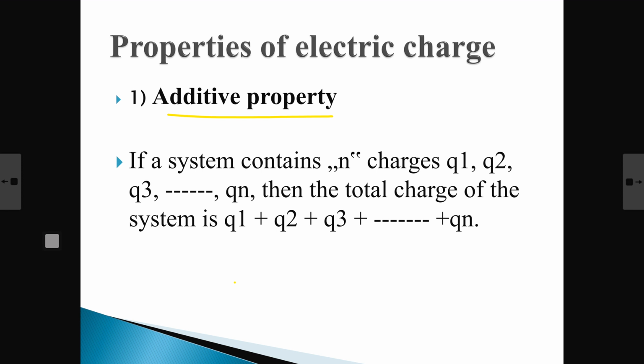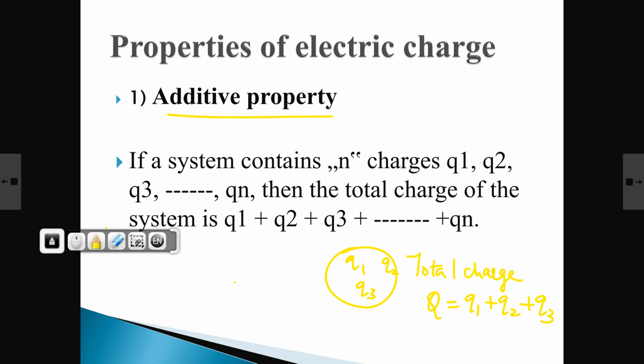For example, if a system contains three charges, Q1, Q2 and Q3, then the total charge Q is equal to Q1 plus Q2 plus Q3. This property is known as the additive property.